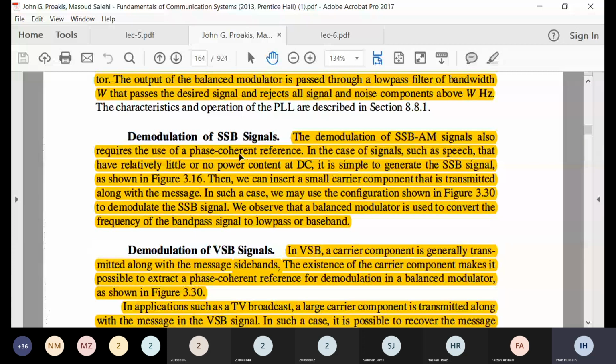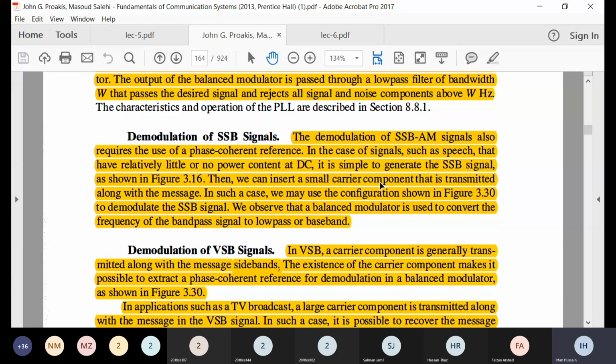For single sideband signals, again you require phase coherent reference. And in case of speech signals, you have very small power content at DC frequencies, so you can very well insert a carrier, a very small carrier or a pilot tone, and from the pilot tone you can get the carrier phase.